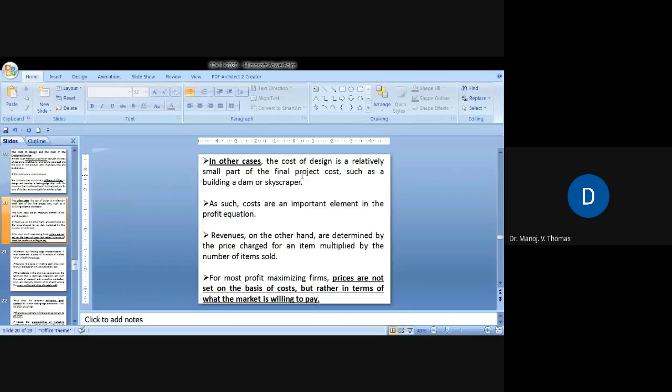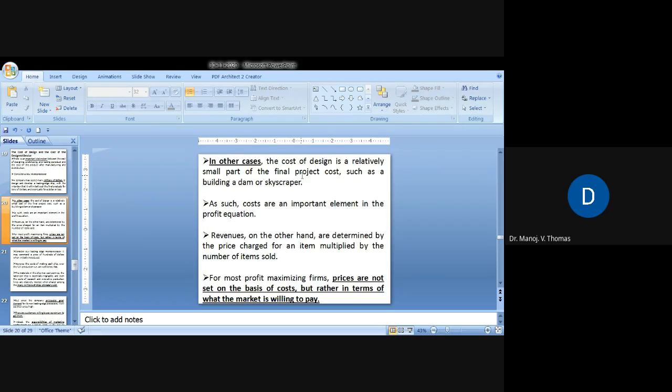In some other examples, the cost of the design may be a small part of the final product, such as a building. If you design a building, a skyscraper, or a dam, you need to find a suitable architect, and he will design it. There is not a lot of research or development compared to a hardware product.